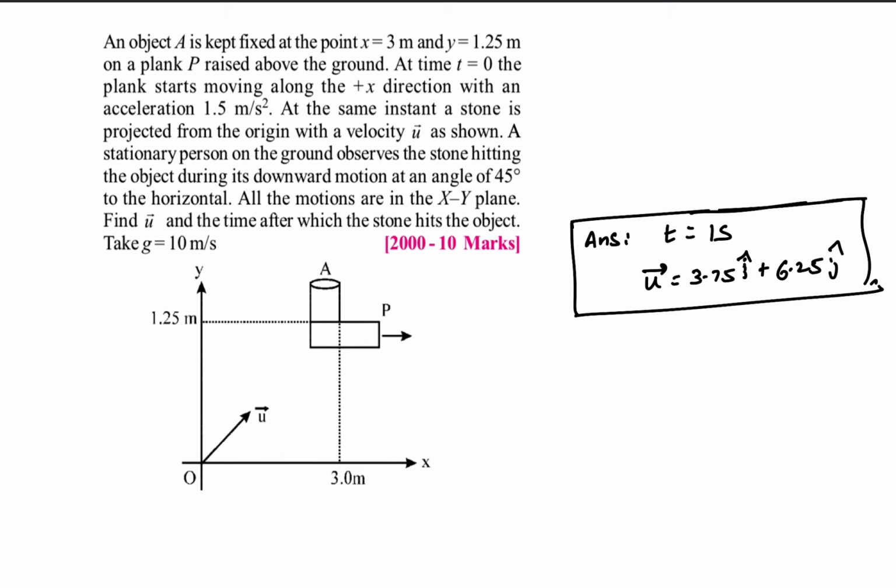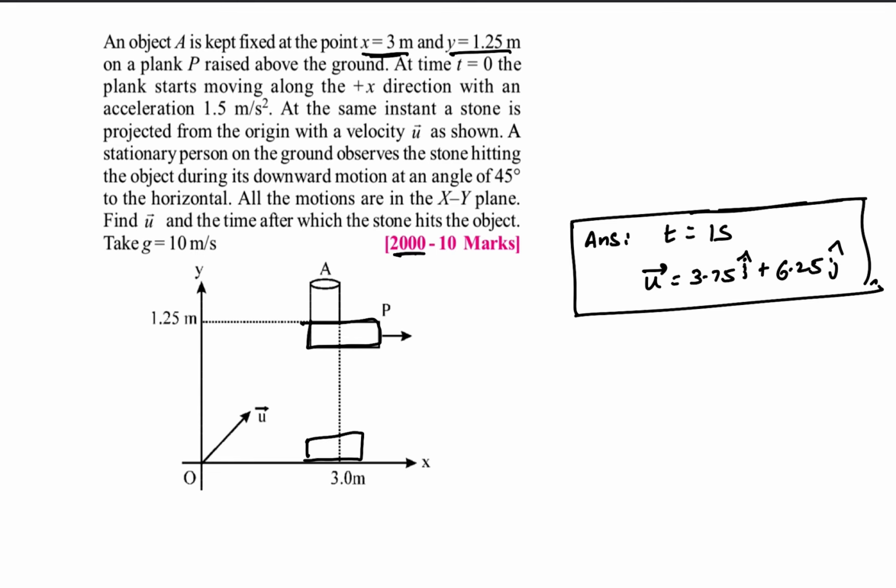Next question. An object A is kept fixed at the point x is equal to 3 meter. This is a 2000 question, 10 marks. Initially, an object is located at x is equal to 3 meters and y is equal to 1.25 meter, and a plank P is raised from the ground.